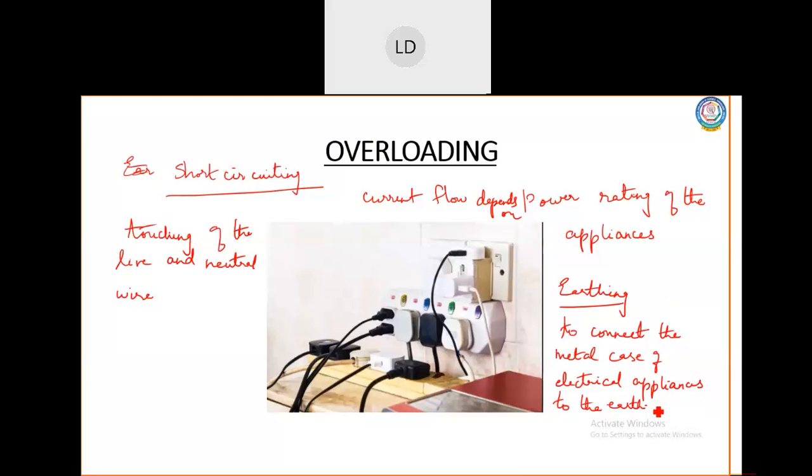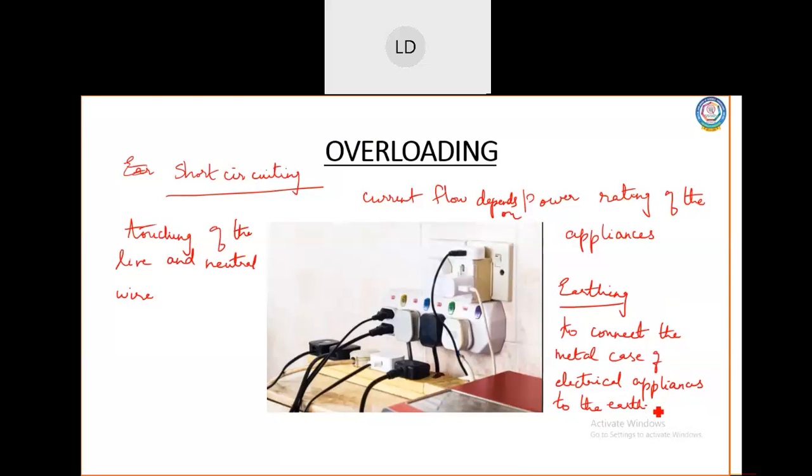Suppose there is a very high flow of current. When you touch the metallic body of the electrical appliance, you may get a shock. If a small child in your house touches the metal body of an electrical appliance with a very high current, the child will receive a very high electric shock.